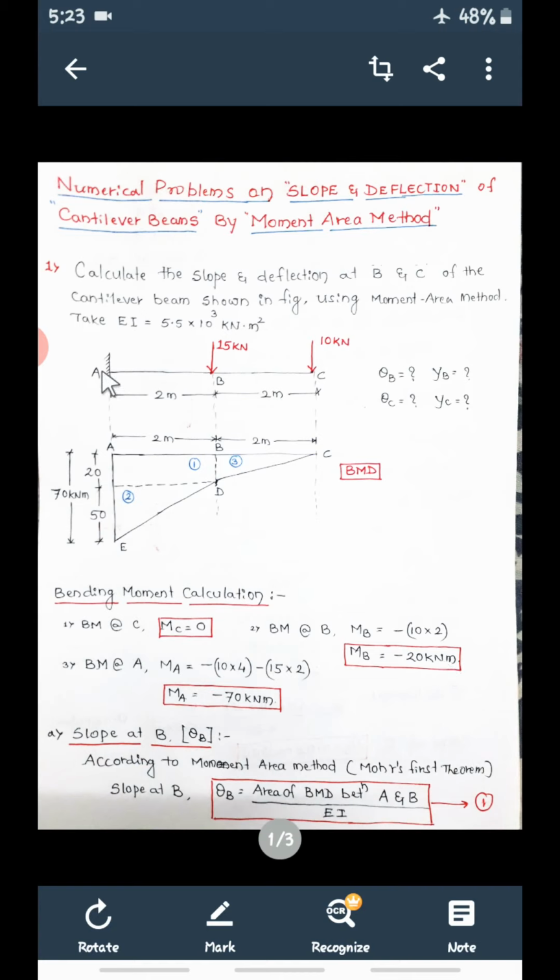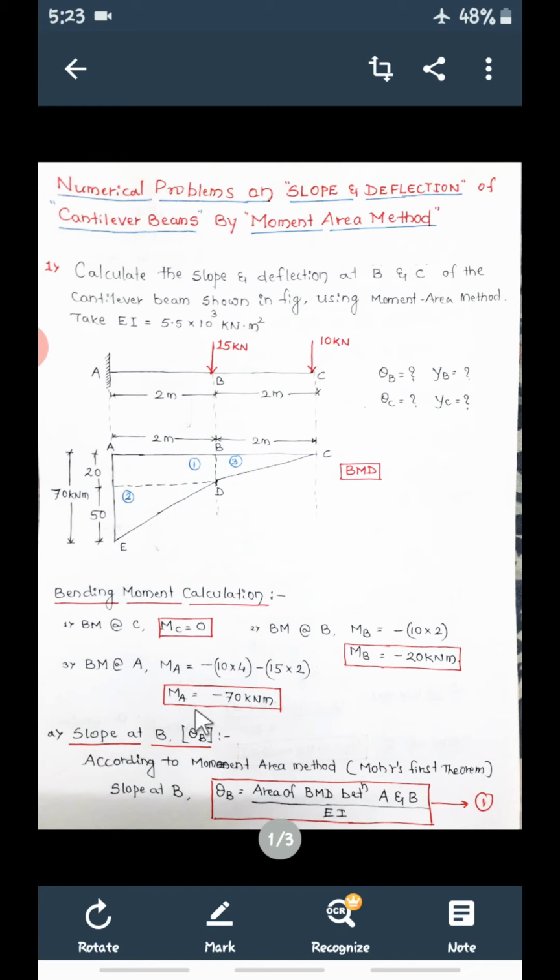Then bending moment at A, again start from this end. Bending moment at A is again minus, because with reference to A, the portion AC will bend like this. So it is minus 10 into 4, then minus 15 into 2.